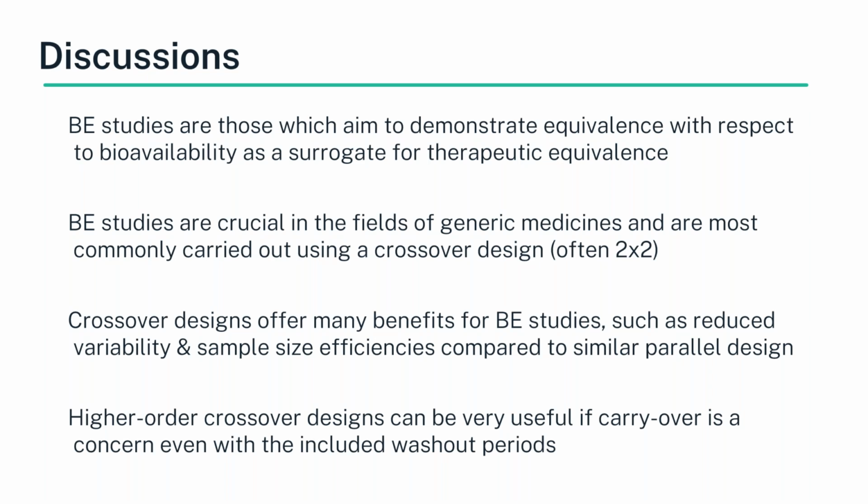And this helps to minimize one of the main potential drawbacks when considering a 2x2 crossover design. But not only that, they're also crucial in other areas, such as individual bioequivalence, and also the assessment of highly variable drugs and narrow therapeutic index drugs.